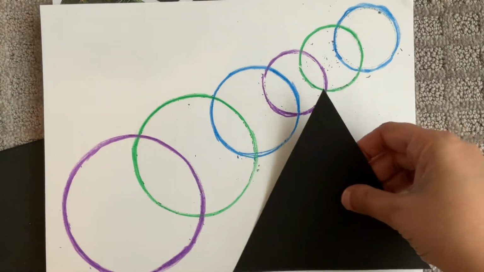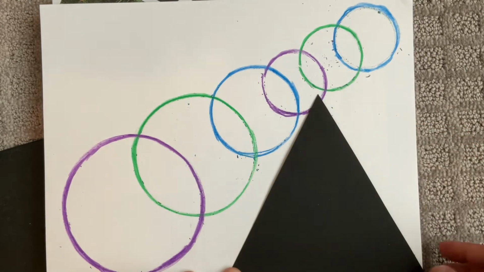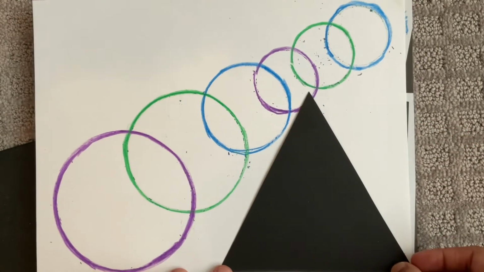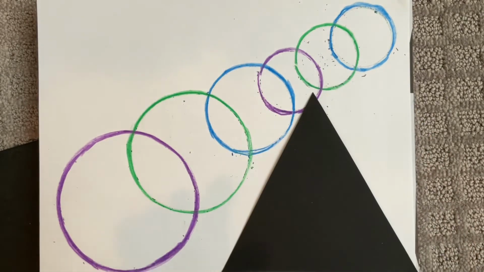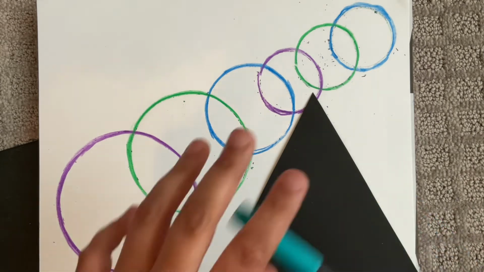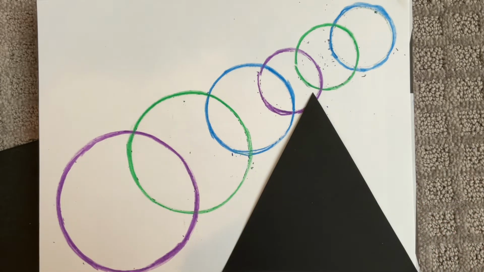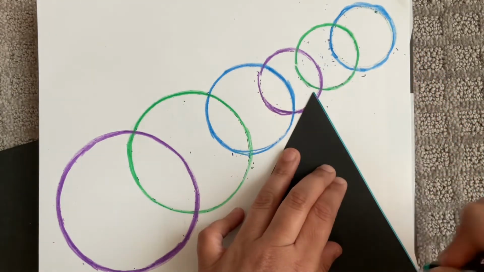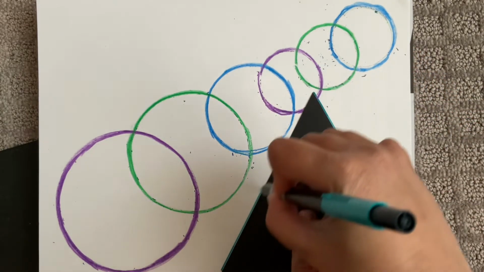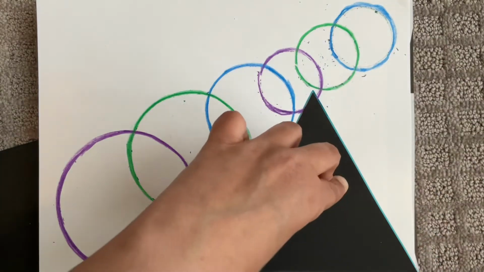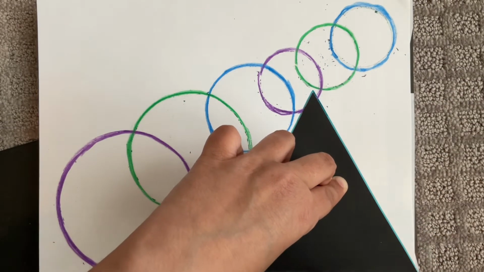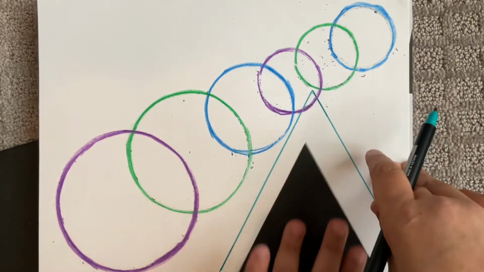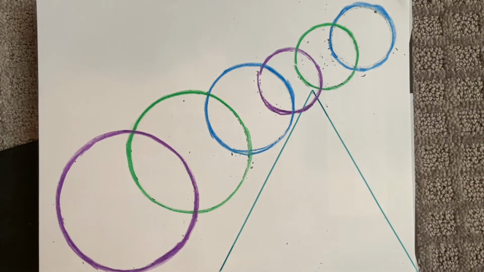Let's see. I think this giant triangle will be cool. It kind of comes in and strikes the circles. So for this, I think I'm going to use a marker. Perfect. Ooh, that looks cool. Let's see.